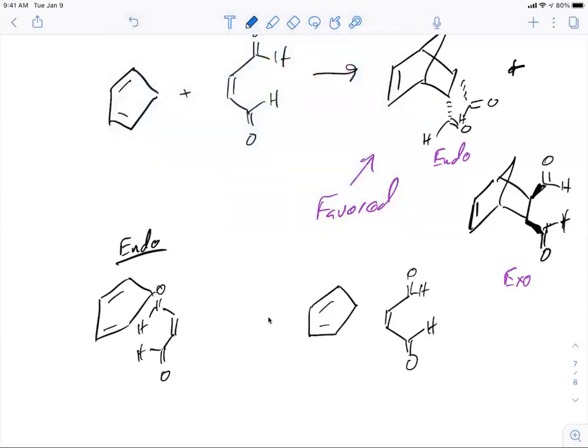So if we think about our p orbitals and this coming together, we also have p orbitals in our aromatics, right? Are on our carbonyls. Over here, we would have those on the outside.